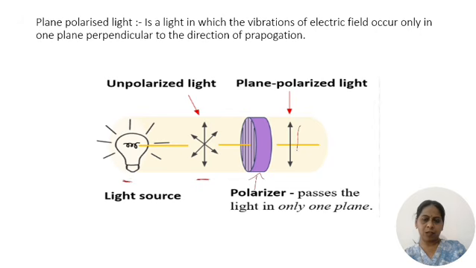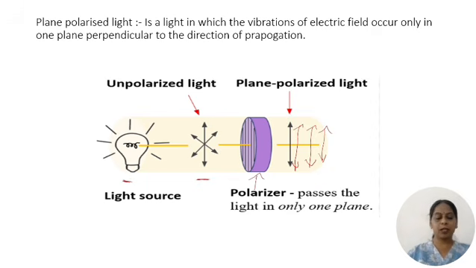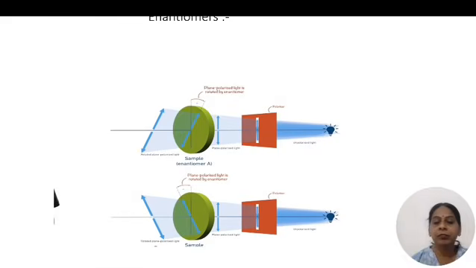All the radiations vibrate only in one plane, and such light is called plane polarized light. Their vibrations are restricted to one plane, whereas the normal source has radiations that vibrate in all directions. That is the difference between normal source and plane polarized light.